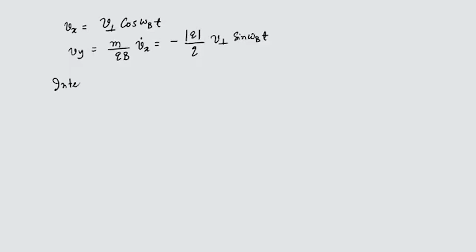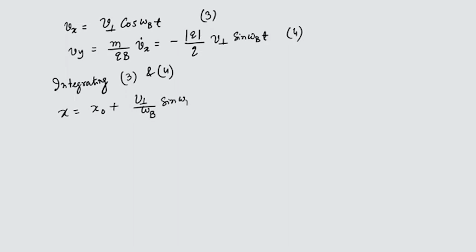So if you integrate and want to know how the trajectory looks, then integrating these equations, we have already written 1 and 2, so this could be 3 and 4. So integrating 3 and 4 and using some initial conditions, x is equal to x0 plus V perpendicular divided by omega_b times sine omega_b t, because I integrate with respect to t.